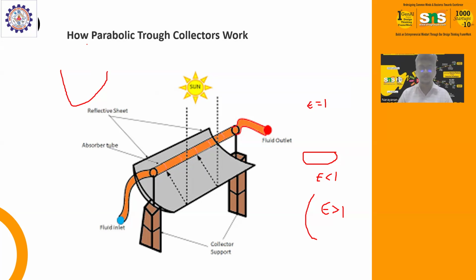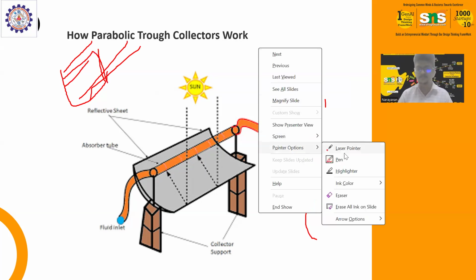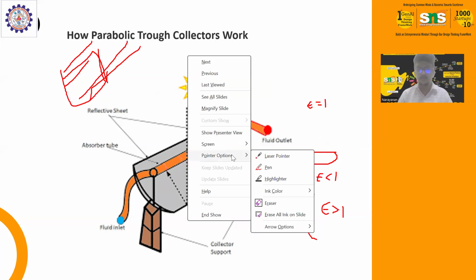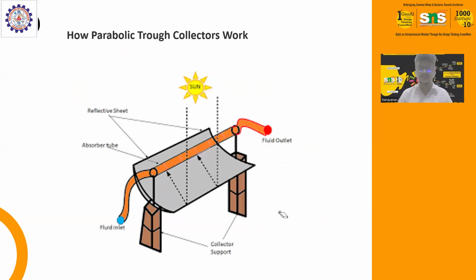Which means any radiation which is incident on all the parts of this parabola will be concentrated to one point, which is the focus of this parabola. Thus we get n number of radiations incident on the parabola concentrated on one part, thus increasing the intensity of the radiation.